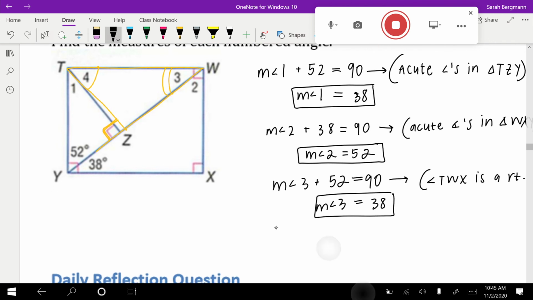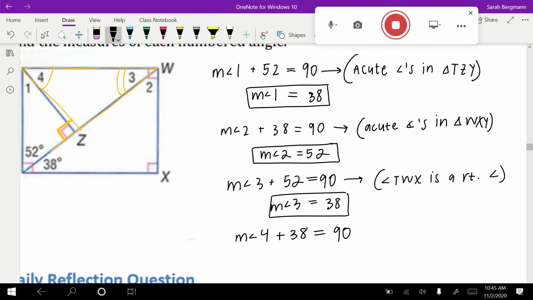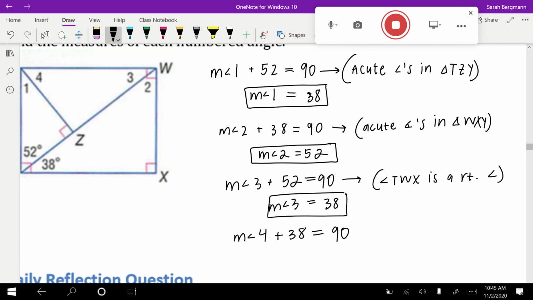Therefore, these two remote interior angles, angle 4 and angle 3, which I know is 38, must add up to the exterior angle, the right angle, which has a measure of 90. Therefore, the measure of angle 4 must be 52.